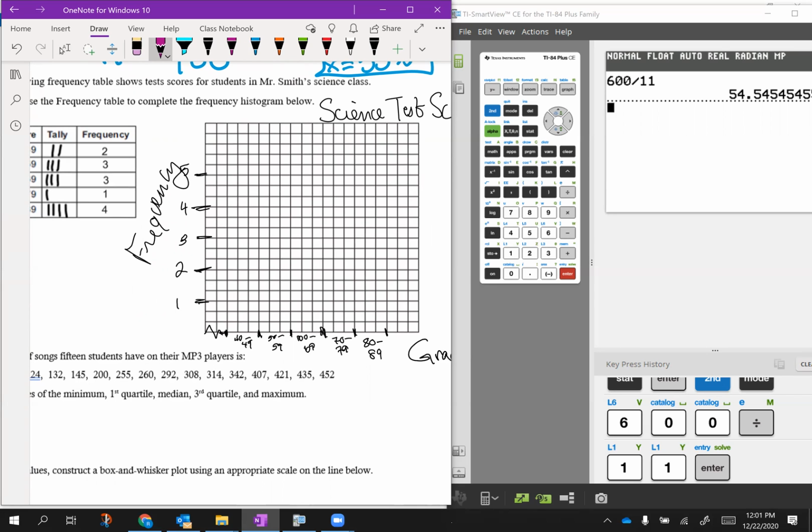We have 2. 50 to 59 is 3. 60 to 69 is 3. The next one is 1 and 4. Shade them in.